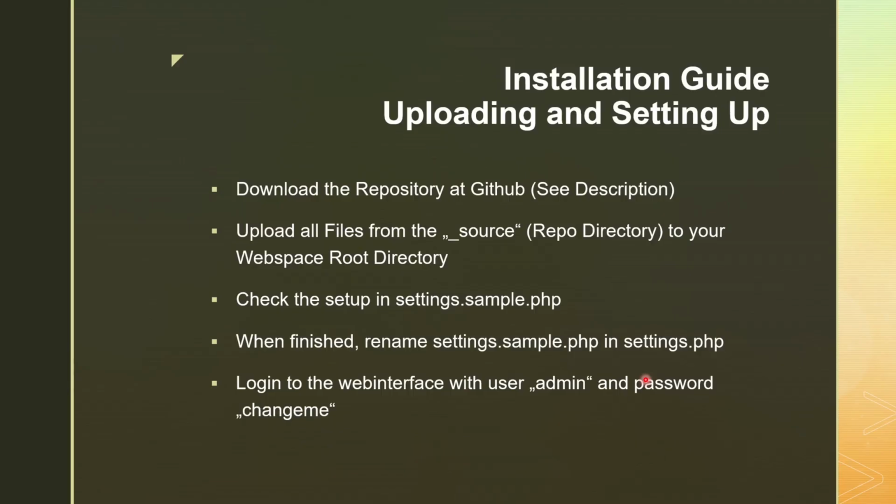You also have explanations about every single setting inside the documentation of that software. And if you have made all the settings which are needed, and you have set it up like you want, then you can rename settings.sample.php to settings.php to make it available to the website.